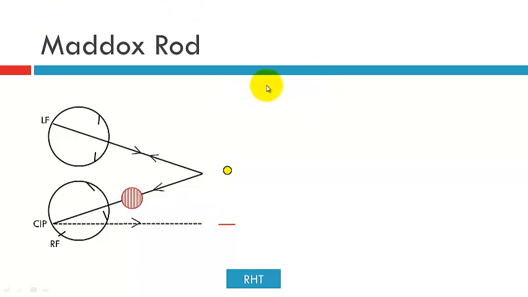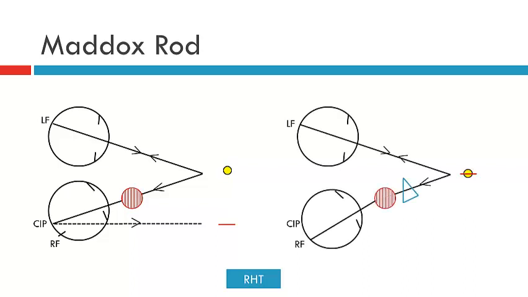This is up and this is down, and what we have here is a right hyper, so you can see that eye is focusing upwards. In this instance, because the eye's up, the image is down, and so we need a base down to accommodate the hyper deviation, and we can see again that the apex is towards the direction that the line needs to move in.